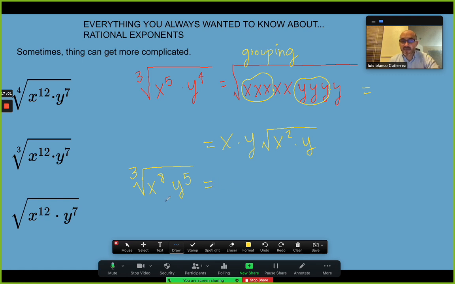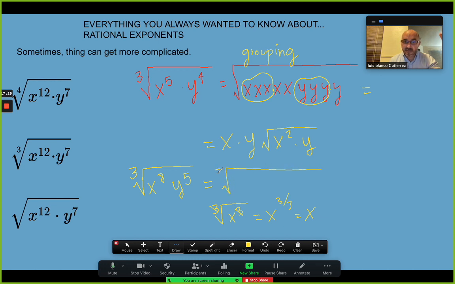So you can do this thing. The point is you try to cancel out radicals, right? So we will cancel out one radical if we have the same exponent as the index, right? Because this is really x to the power of 3 over 3. It's going to be x. So you need to find a way of getting the same index and the same exponent.